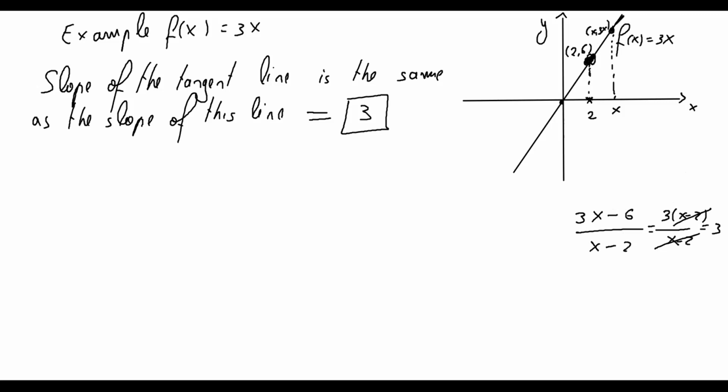So the slope of the secant line is always 3. As we go to the limit as x approaches 2, we're just calculating the limit as x approaches 2 of the constant 3, which is equal to 3 again.